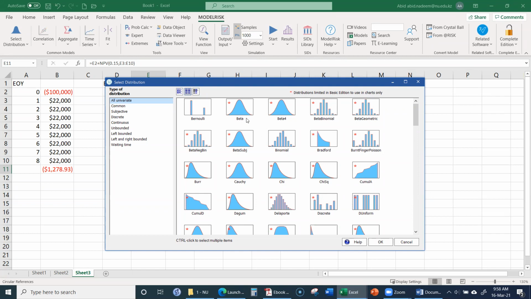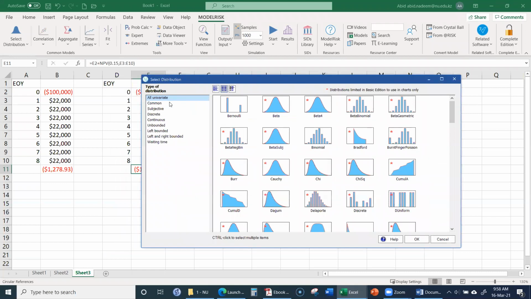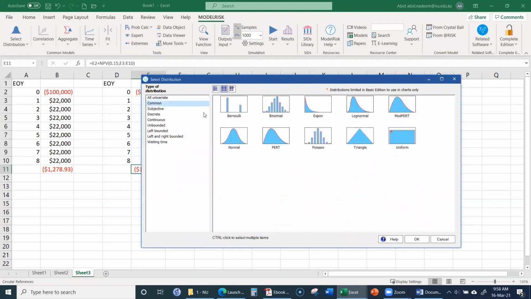But anyway, we are not using so many different types of distributions. The distribution which we want to use, the normal distribution, we can still use in the basic version.